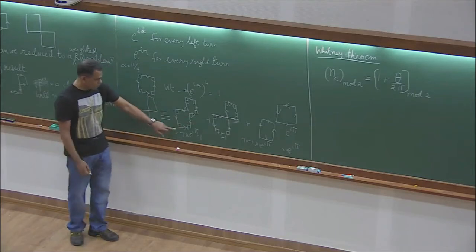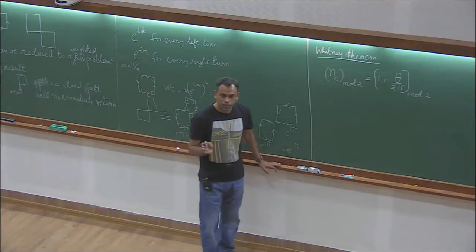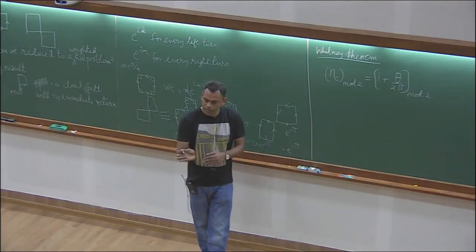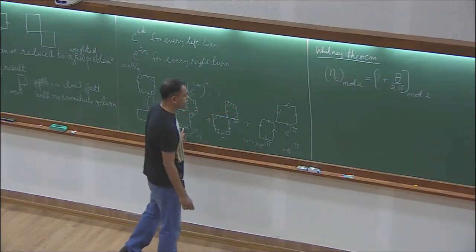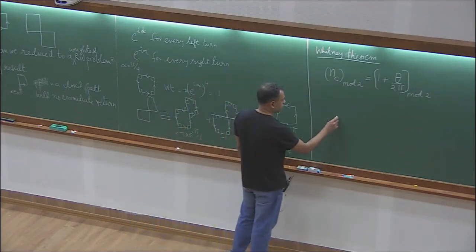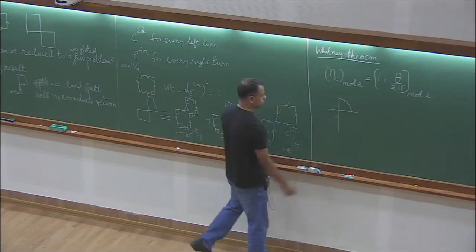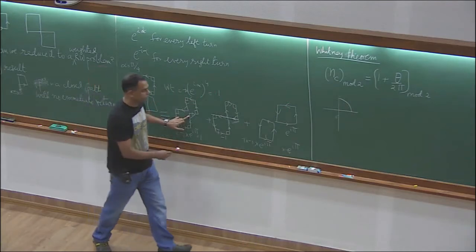So if I look at this one, theta is the angle my tangent vector changes every time. If it rotates by pi by 2, theta is pi by 2. So this one starts at 0, then it goes to pi by 2. That's the first rotation. Then it rotates back.